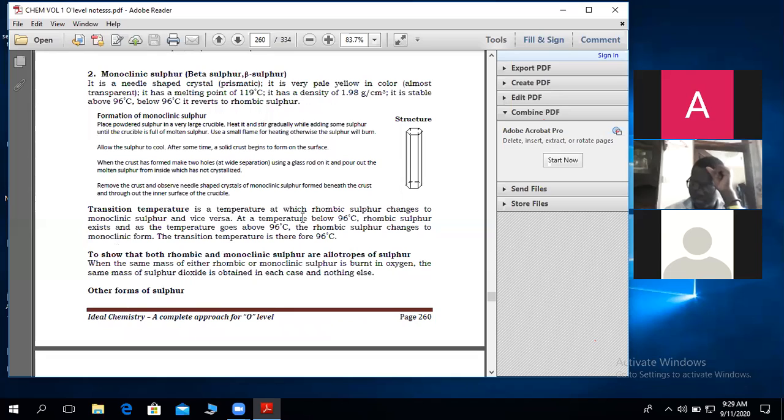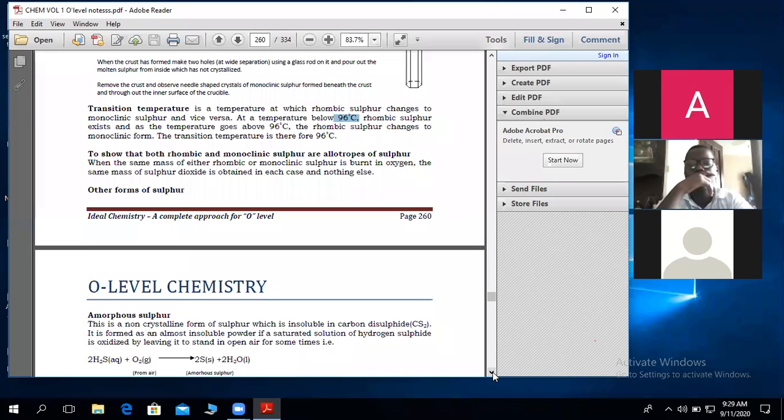The transition temperature is 96 degrees centigrade. It is the temperature at which rhombic sulfur changes to monoclinic sulfur and vice versa. So above 96, rhombic sulfur changes to monoclinic sulfur. I've been explaining that, I hope you have taken note of it.